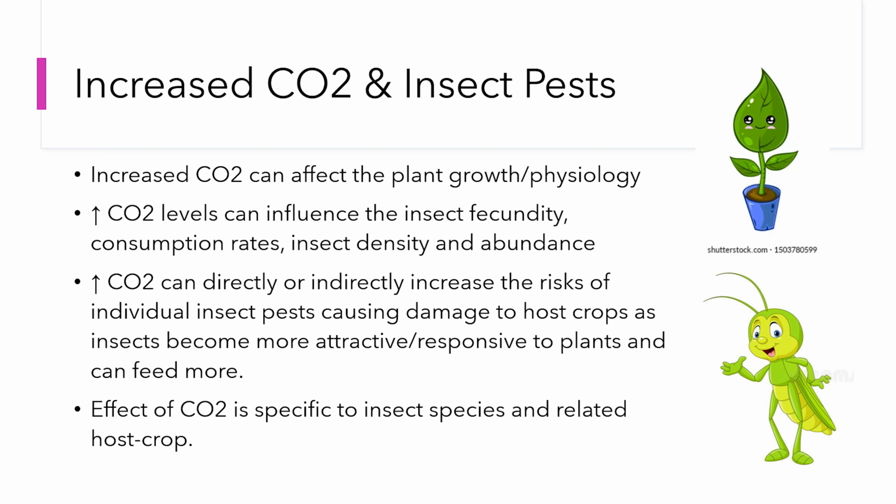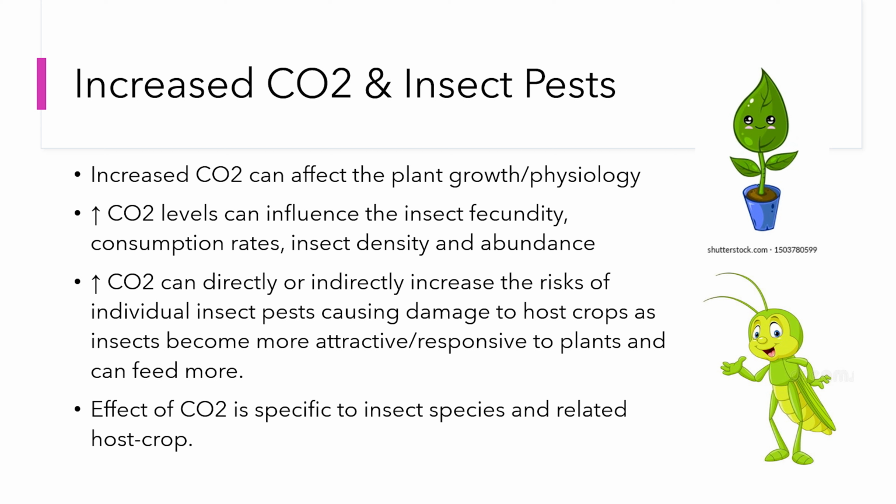Really, there has not been a lot of work done looking at the increased level of carbon dioxide on insect pests, but there are some studies that show it's mostly not directly related to the pest, but more related to the increased carbon dioxide impacting the plant, and that makes the plant vulnerable to the insect pest, right?